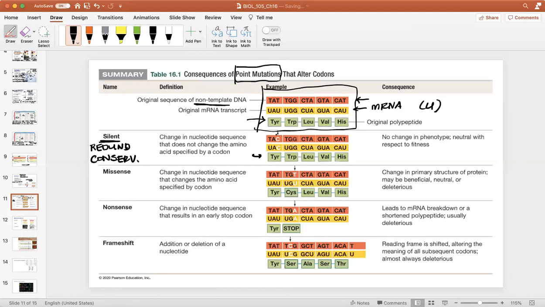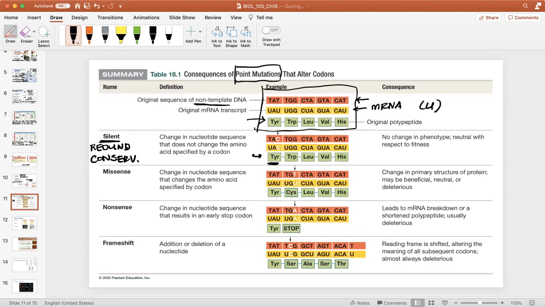Here we have had a mutation that went from a T to a C in this example. But it turns out that a mutation here doesn't change the outcome, because both UAU and UAC are codons that code for tyrosine, TYR.